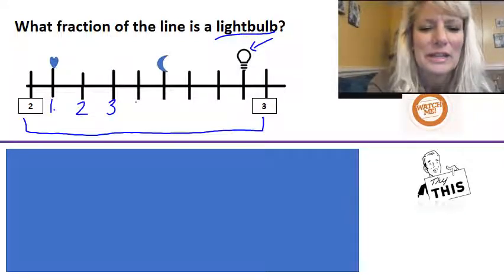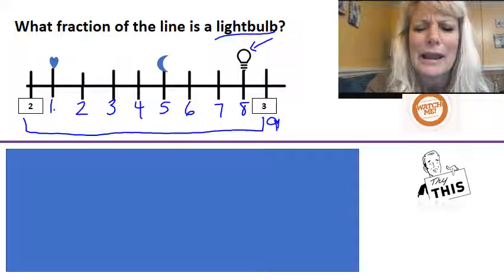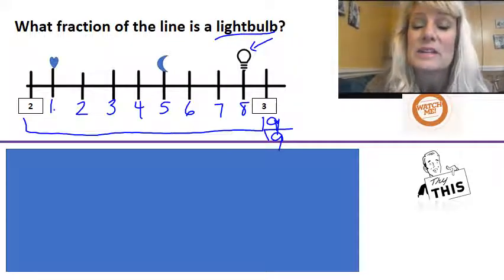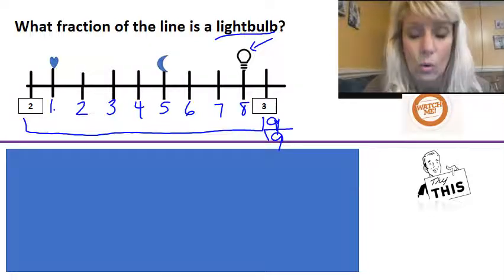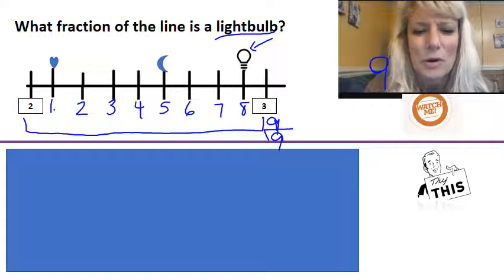2, 3, 4, 5, 6, 7, 8, and 9. All right, now I'm going to go back. And this is 9/9 because that's when that became a new whole. That also means that I have 9 parts.